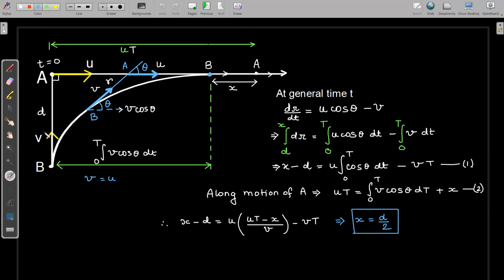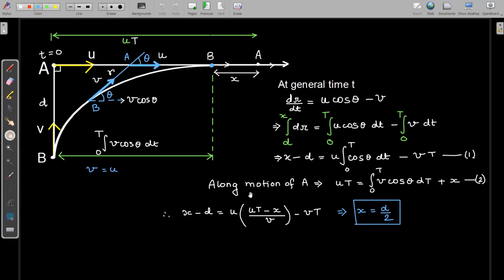Now the next equation, as I told in the last video, we have to find by taking the projection of the path of particle B along the straight line which was followed by particle A. Particle B was initially at this position, which is t equal to 0, and at time capital T, particle B is at this position. Whereas particle A was at this position at time t equal to 0, and in time capital T it reached this particular point.